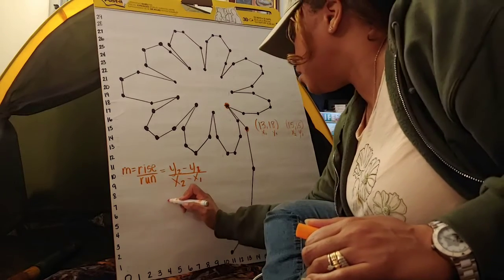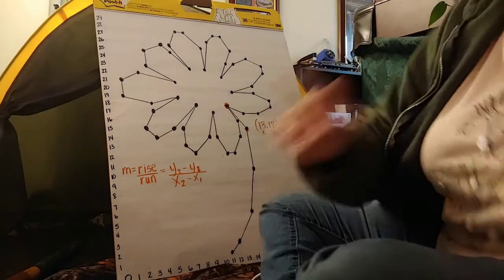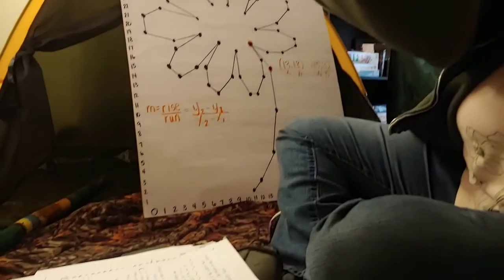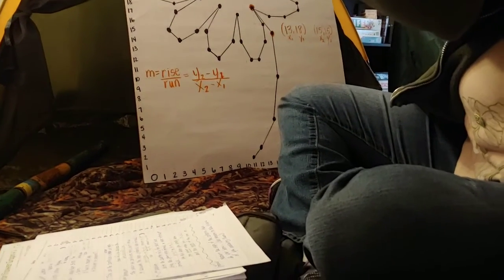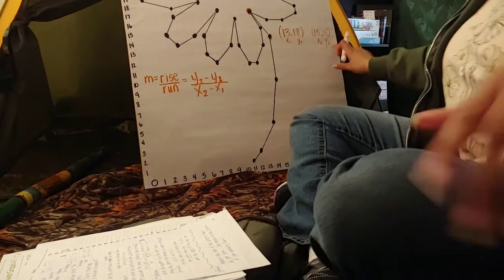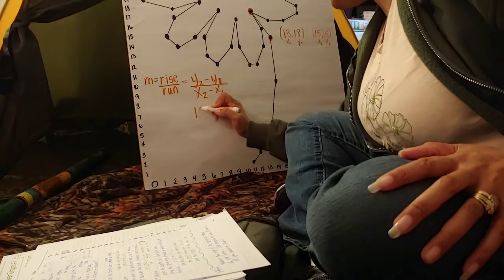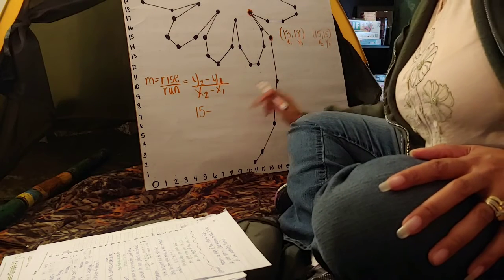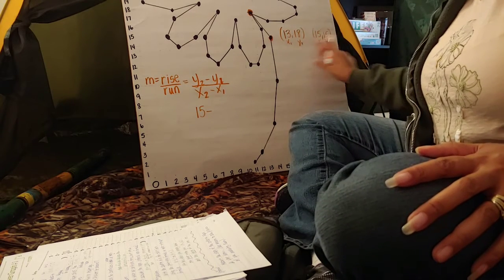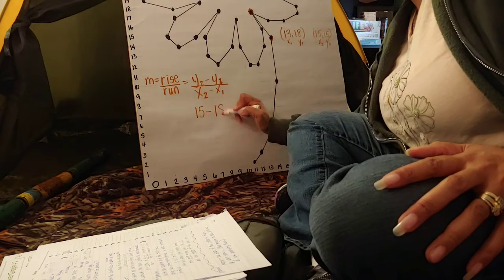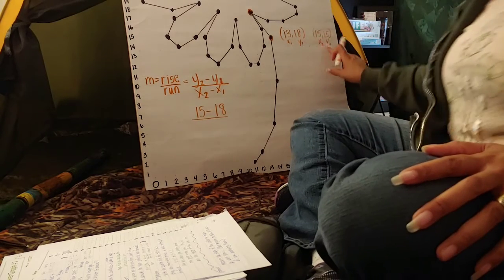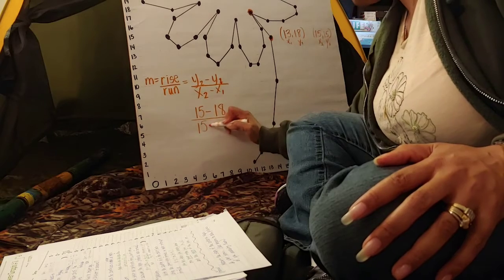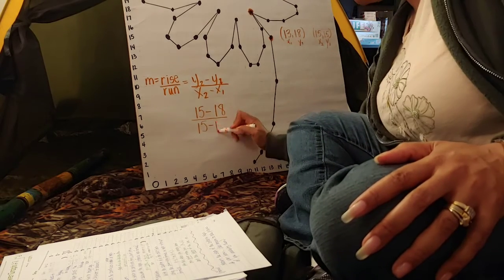So that's going to be 15 minus 18 over 15 minus 13.